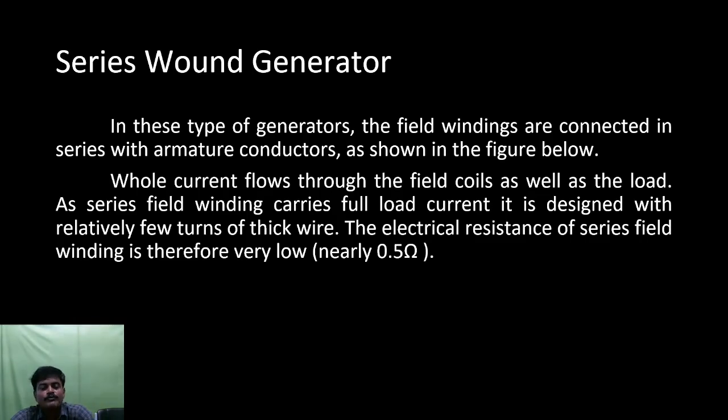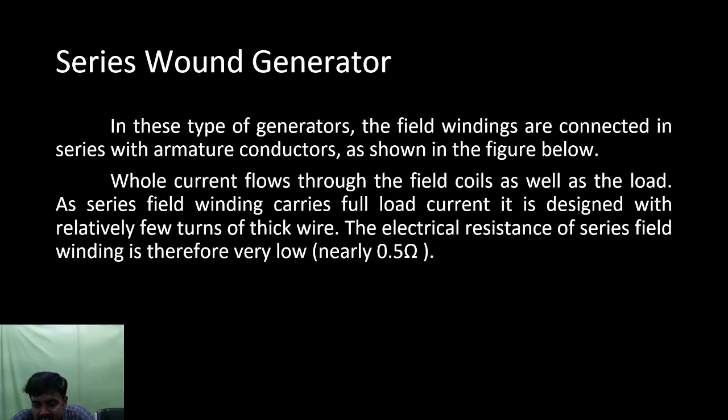In order to carry such an amount of current, we have to design the series winding with a few turns of thick wire. So we have fewer turns, and the thickness, compared with an ordinary coil, is somewhat more in the field coil of a series wound generator.